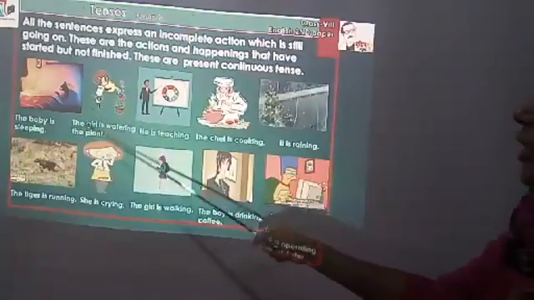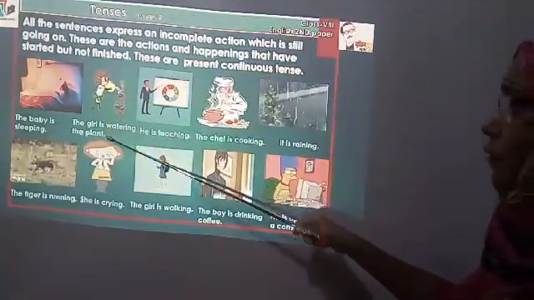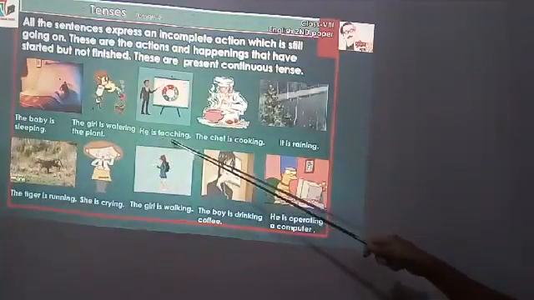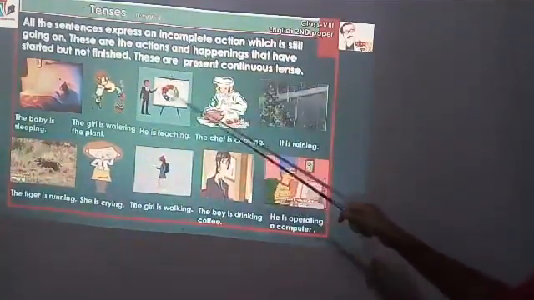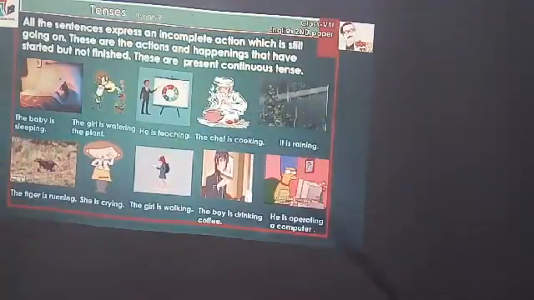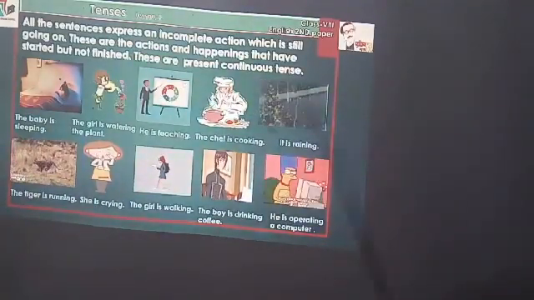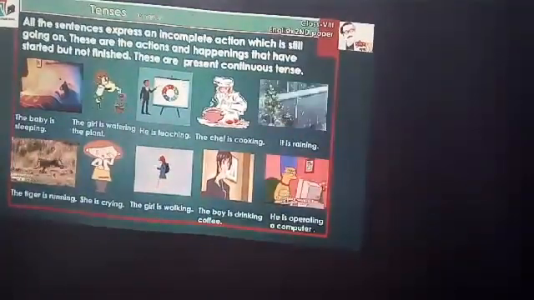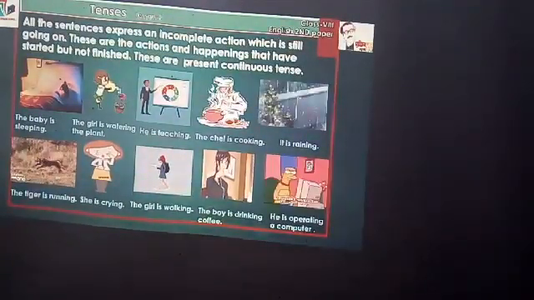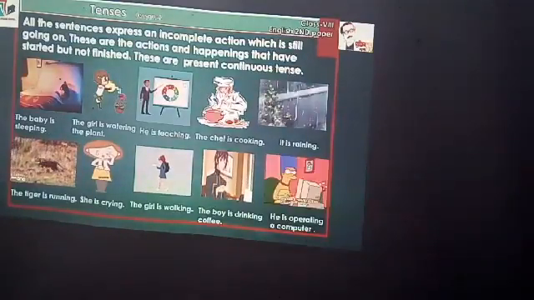The girl is watering the plant. Action already started but not finished. He is teaching. Action started but not finished. This is the continuing of the actions. That's the thing. The happenings that have started but not finished. These are present continuous tense.